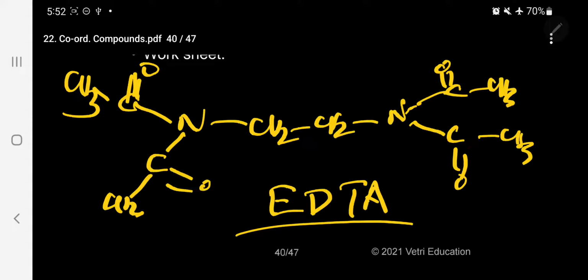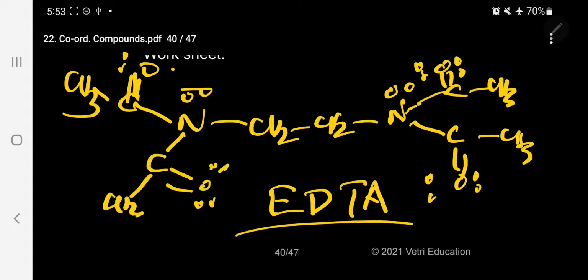In this structure, kindly see there is a lone pair in nitrogen, there is a lone pair in nitrogen. Also, if you take the oxygen atom, the electronic configuration is 2s2 2p4, 6 electrons, 2 already involved here. So there are 2 unpaired electrons.